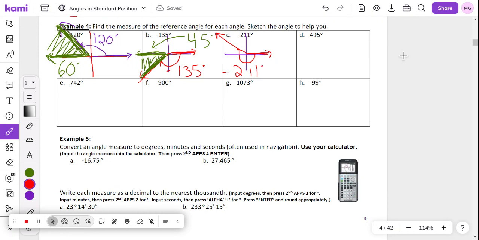And what we're going to say is, well, our reference angle is here, terminal side, x-axis. So this is our reference angle. And what we're going to do is take away all of this. So forget that it's negative and just say 211 minus 180 gives us a 31-degree reference angle.